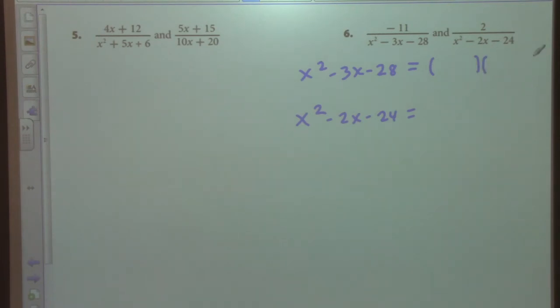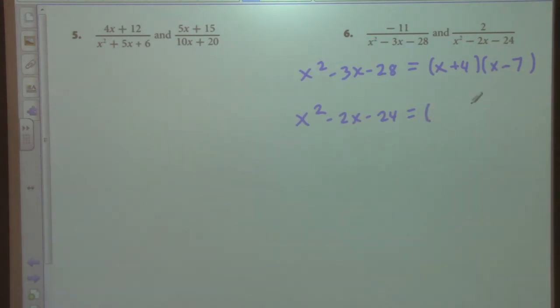So x squared minus 3x minus 28 would be x plus 4 and x minus 7. Okay, that looks like a good factoring to me, doesn't it? Because you got the plus 4x and the minus 7x, oh yeah, that looks good.